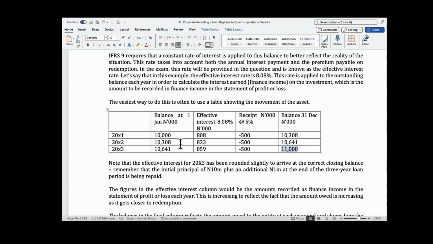We started from 10 million by recognizing that 1 million extra in piecemeal every year, bit by bit, using this effective interest rate. That means we don't have to bother about that 1 million at the end. We have already spread it over the 3 years. That's why I told you to add these three for me: 808, 833, 859. It gave us 2.5 million, which shows that we have actually spread out 1 million over the 3 years.